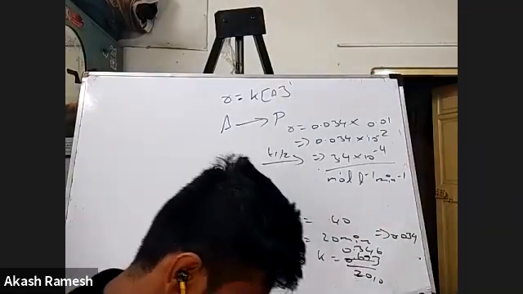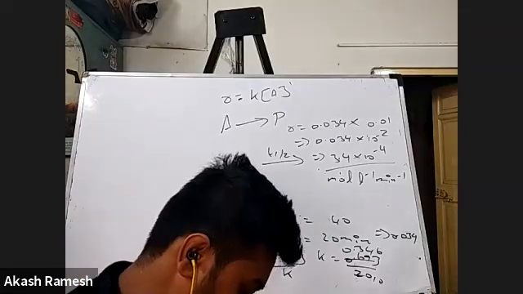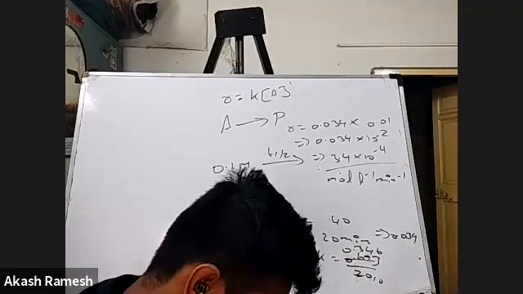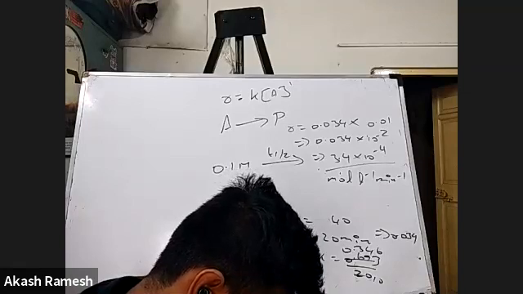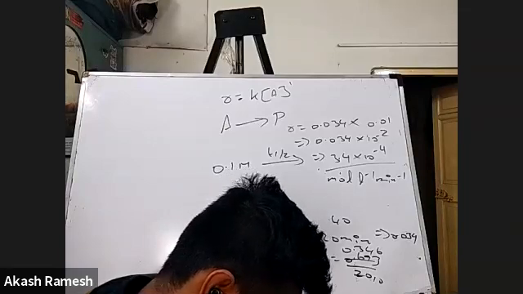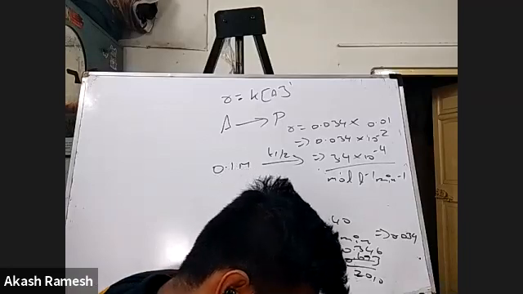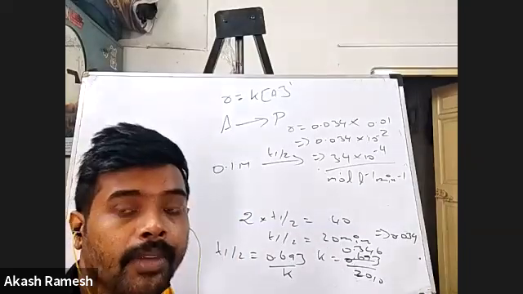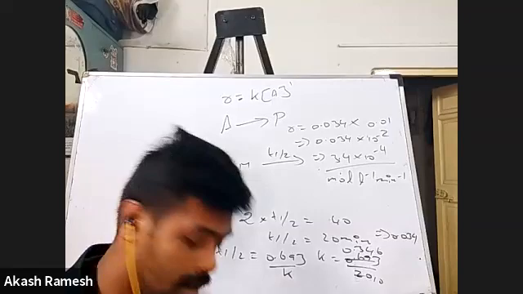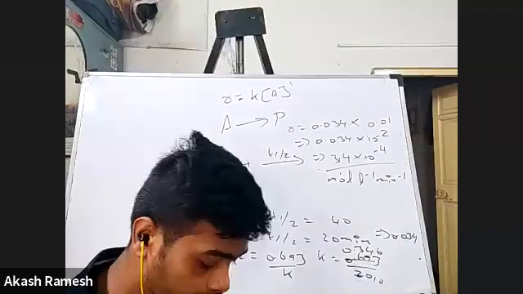So this is the last question we'll solve today, and then we'll go on to the next topic. Right. So the next question. A first order reaction takes 40 minutes for 30% decomposition, right?